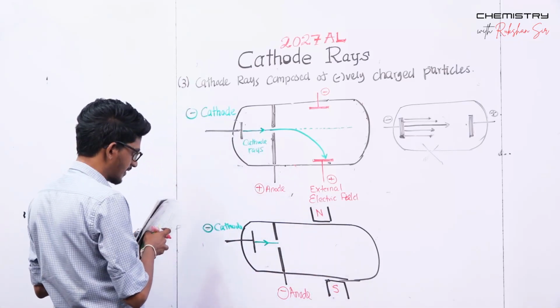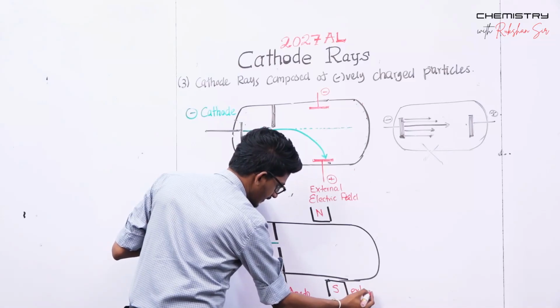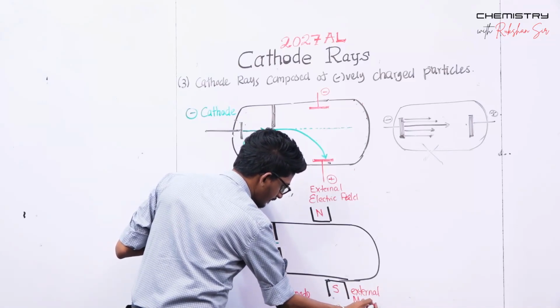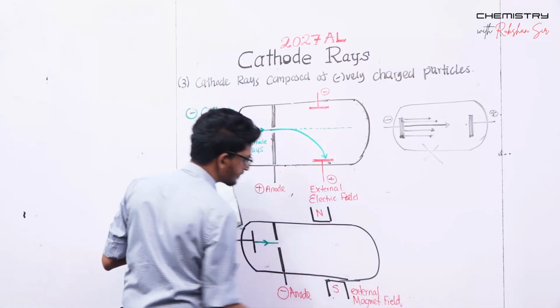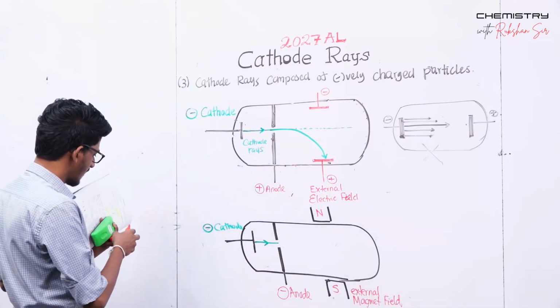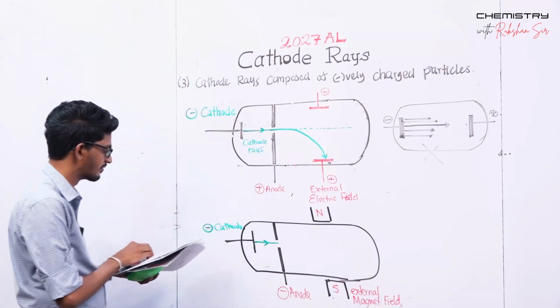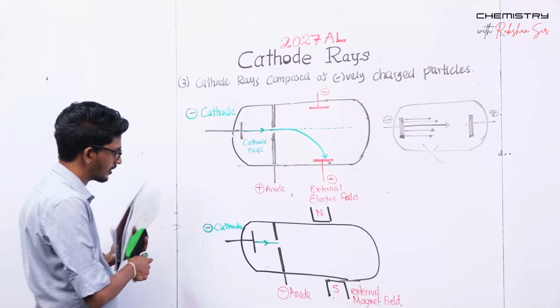This is an external magnetic field. Let's see what will happen if you apply this kind of external magnetic field to the path of the cathode rays.